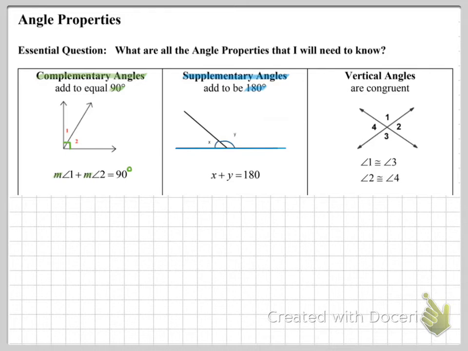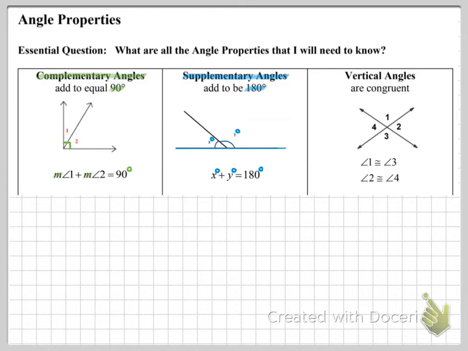So if we take a look at this, I'm not too thrilled about the notation on here, and I think we need to fix it, because it is x plus y equals 180, but that doesn't really fit with our measurement notation, unless, of course, we go back to the picture and the x actually represents the degrees of that corner and the y represents the degrees. If that's the case, which I think was the intention here, then yes, we would say that x degrees plus y degrees does give us 180 degrees.